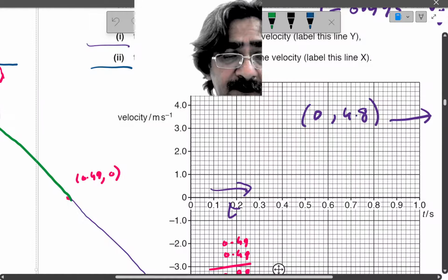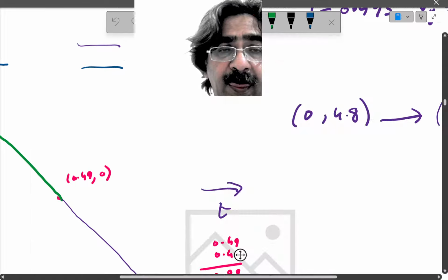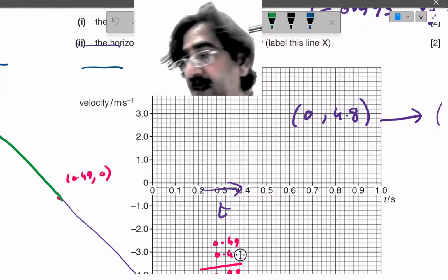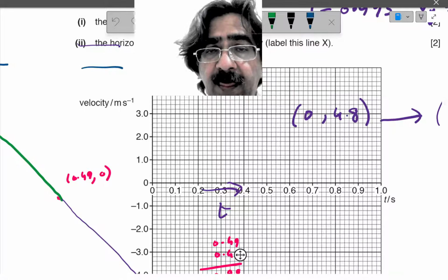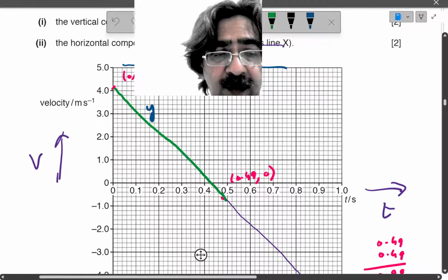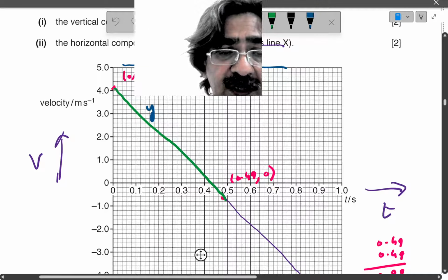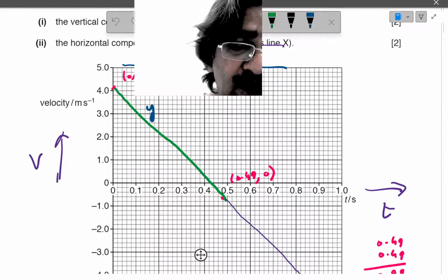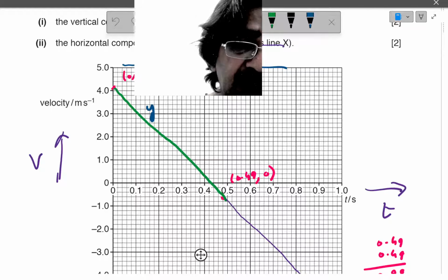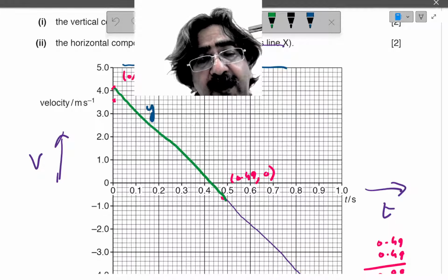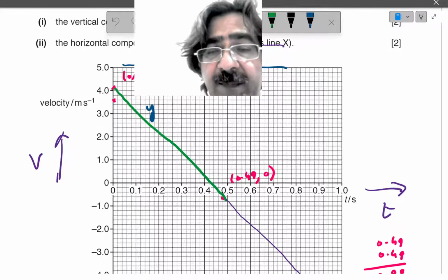I will zoom in. For 3.6, 1, 2, 3. Each box represents 0.2, so 0.2, 0.4, 0.6. This will be 3.6, and this will remain constant.